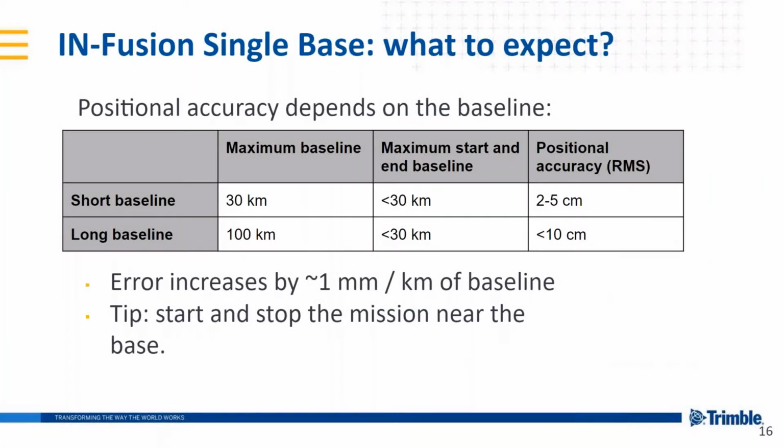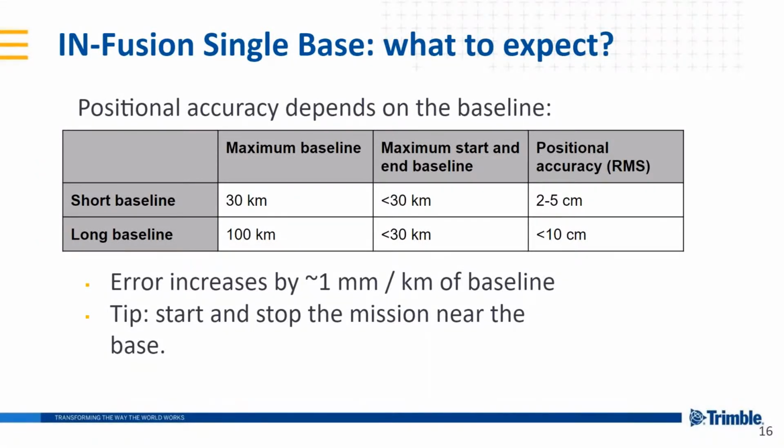What can we expect from the single base processing mode? The positional accuracy depends on the baseline. For short baseline, within 30 kilometers, it's about 2 to 5 centimeters. And for long baseline, within 100 kilometers, the accuracy is less than 10 centimeters.